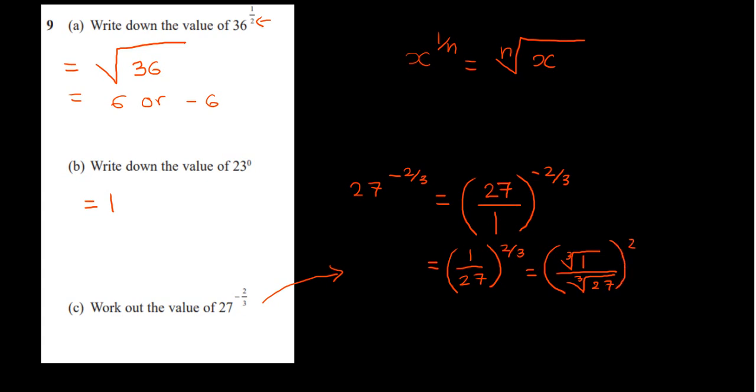Oops, I haven't left enough space. Let me try and go back here. There's much more space here. Right, cube root of 1 is 1. Cube root of 27 is 3. And that's squared. So that'll be 1 squared over 3 squared. 1 squared is 1. And 3 squared is 9. That's my answer to this question.